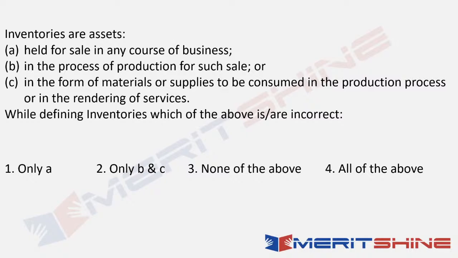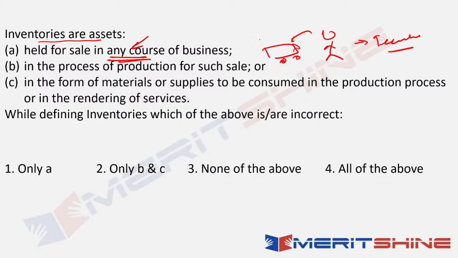Yeah, most of you are answering all of the above, which is incorrect. Why? Because this I have changed. Inventory or asset is held for sale in the ordinary course of business, right? So suppose Merit Shine is in the business of teaching. We charge you for teaching, right? Now, if Merit Shine has a car and it sells it, can I show it as my inventory?